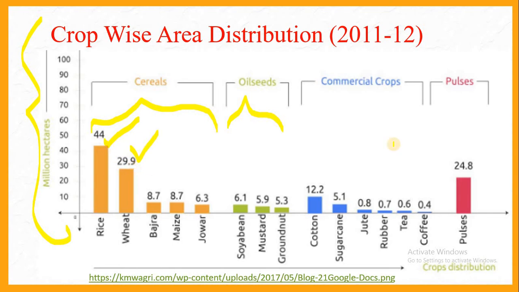Most of the people eat rice and wheat. Then there are pulses like dal and beans, etc. And then you have cotton. It's a commercial crop, and there are many other commercial crops. You have oil seeds. Take a look at this. You'll have a rough idea about what the majority of farmers grow in India. So this is just a brief overview that you are having in this class.